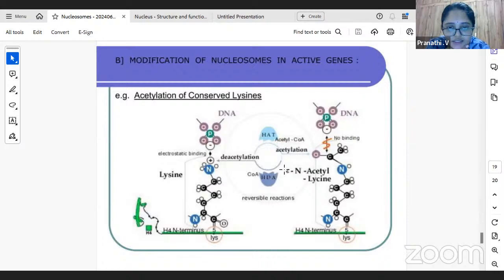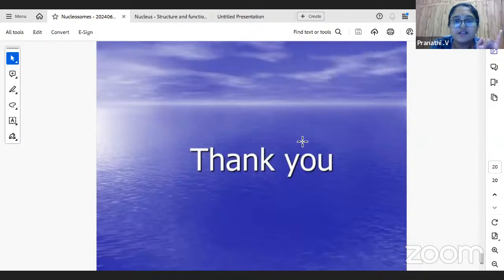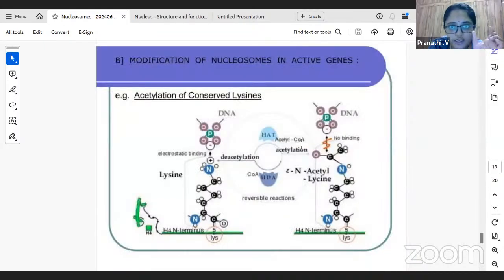Whenever there is deacetylation taking place, then you have the electrostatic bonding between the phosphate group of the DNA and the amino group of the lysine. So this releases acetyl coenzyme A into the medium. So acetylation of conserved lysines is taking place. This is one example of modification of nucleosomes in the active genes.